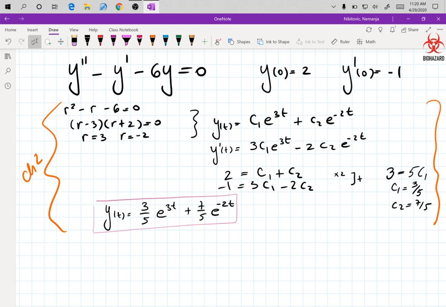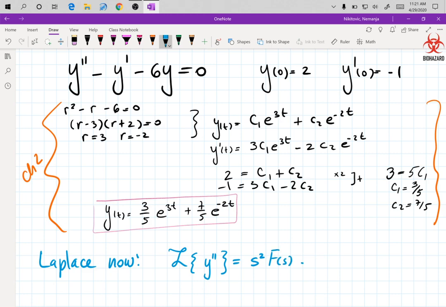And Laplace is going to use the formula that the Laplace of the second derivative, we can put y double prime to match it, is going to be s squared F(s) minus s f of 0 minus f prime of 0. So this is the transformation for the second derivative.